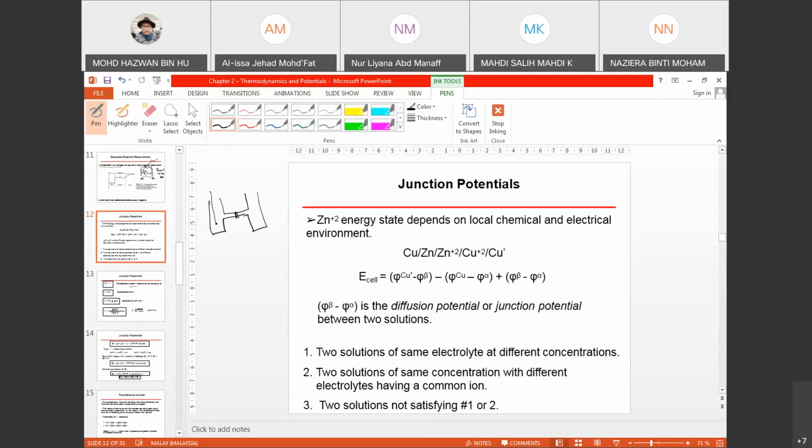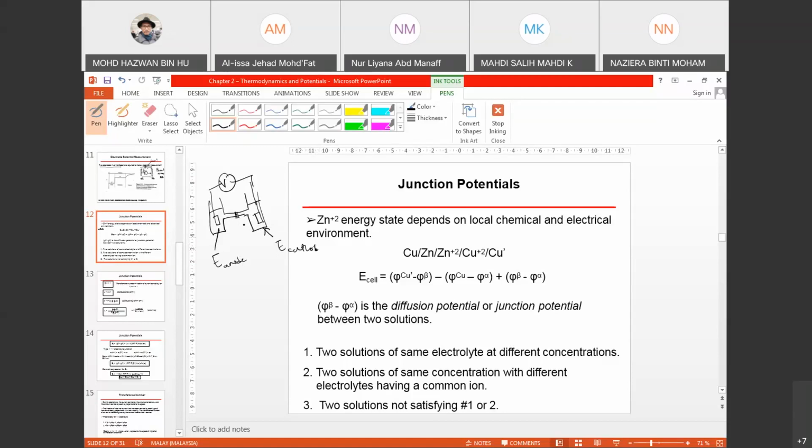One electrode is placed in one compartment, another electrode is placed in another compartment. Electrolyte is put in. The potential over here and the potential over here are not the same.